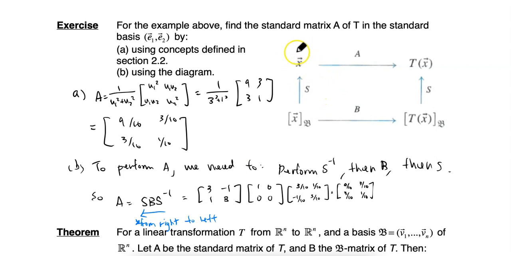So if we have a vector x in the standard basis, we would like to know what matrix A is that transforms that vector. You can imagine that this is a soccer player and they want to pass the ball to another soccer player in the same team, but somehow there's someone in the middle, so this is not possible.